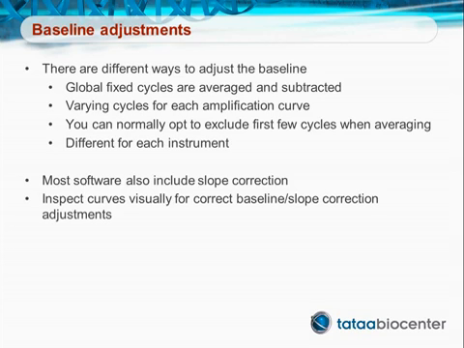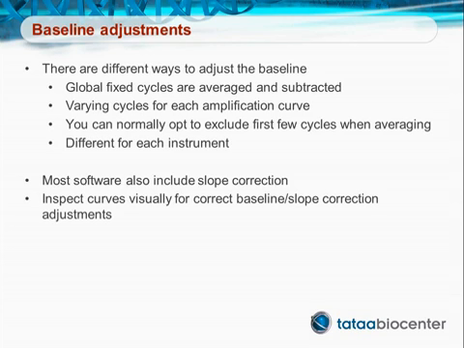Other options may be that the software identifies where the increase in signal above the baseline level starts and takes a number of cycles corresponding to, for example, cycle 3 to 2 cycles before the signal increase starts. This can be done either globally for the whole run or individually for each amplification curve.